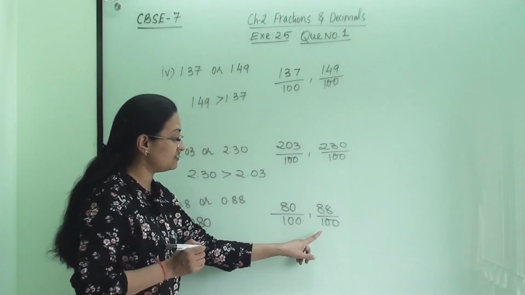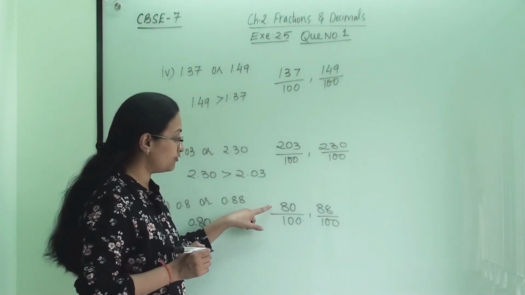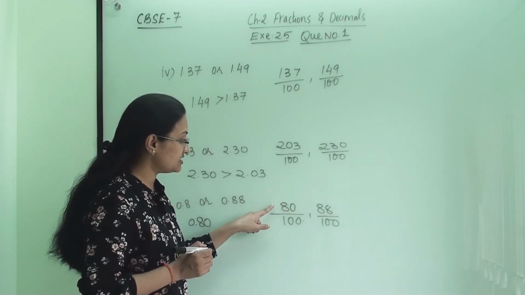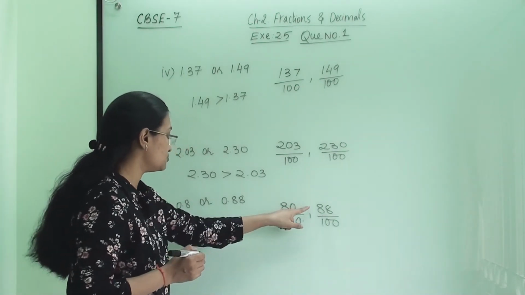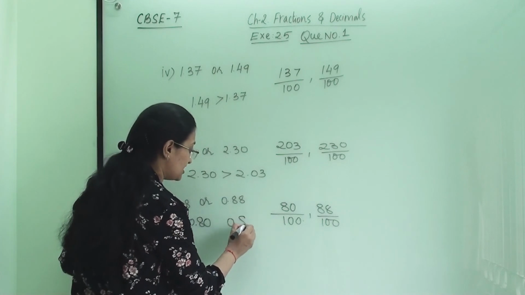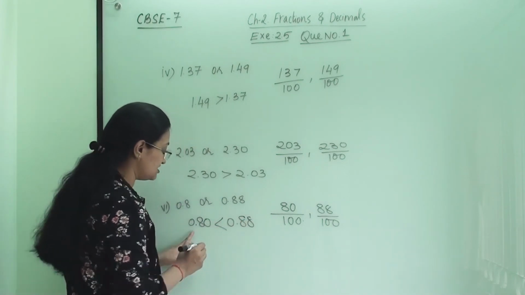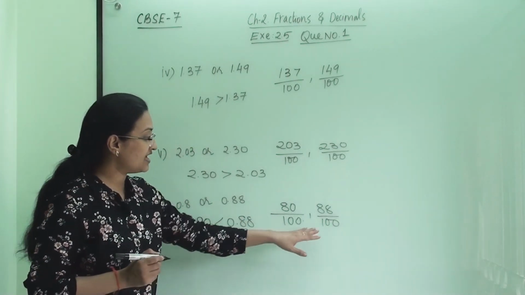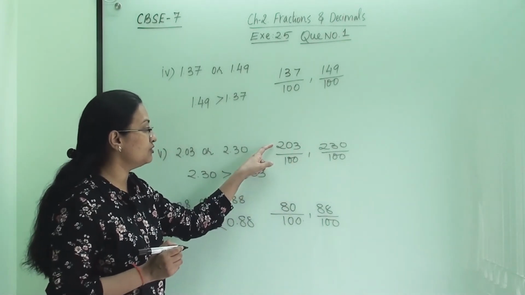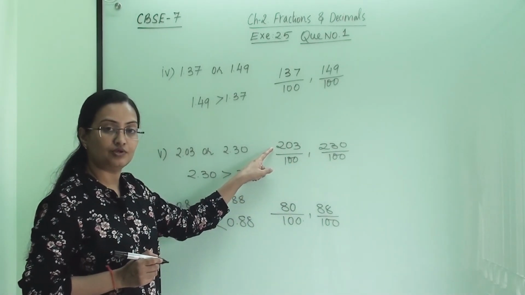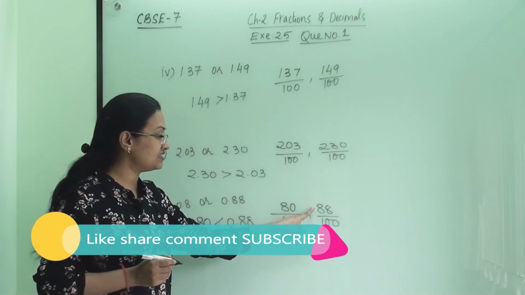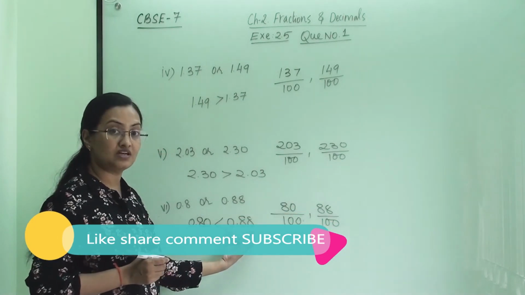When they have the same denominator, we look at the numerator. Which is greater? This one is greater. So 0.88 is greater than 0.80. When they have the same denominator, we look at the numerator, and this one is greater, so this number is greater.